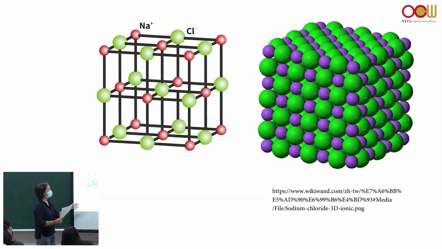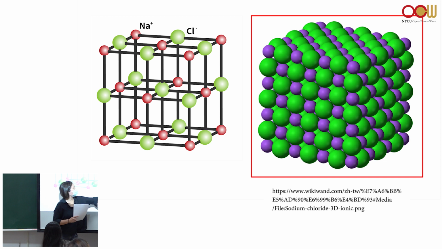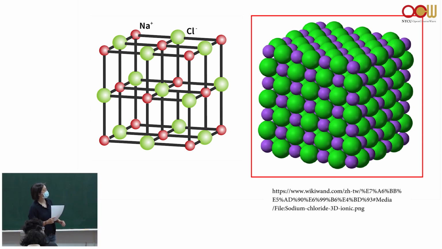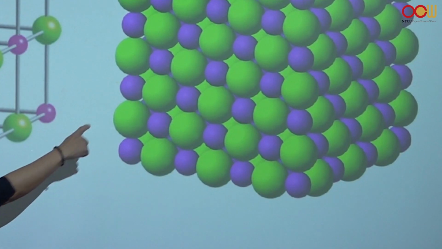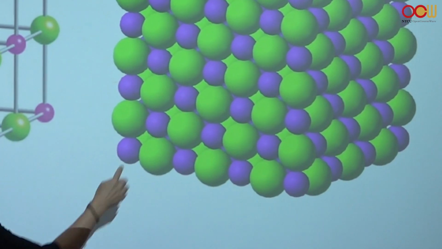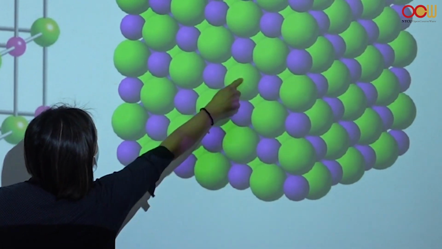If you were to look at the material in a more realistic view, it would look more like this, where you can see that the cation has a FCC structure, and so does the anion.